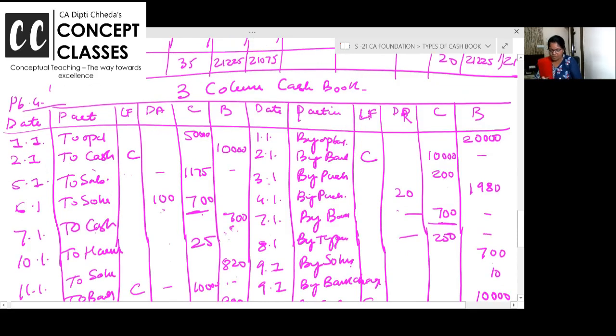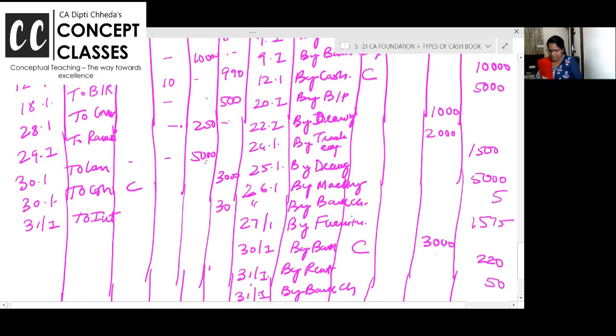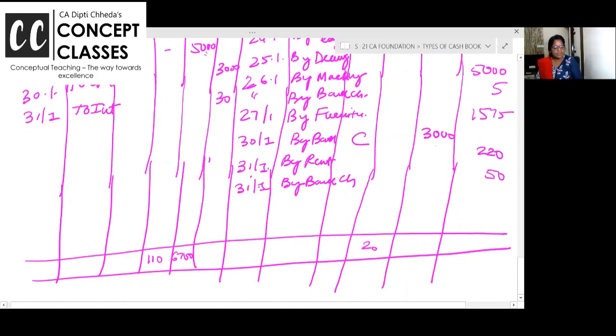Minus 10,000, 20, 700, 250, 1,000, 2,000, 3,000. Closing balance is 50,180.